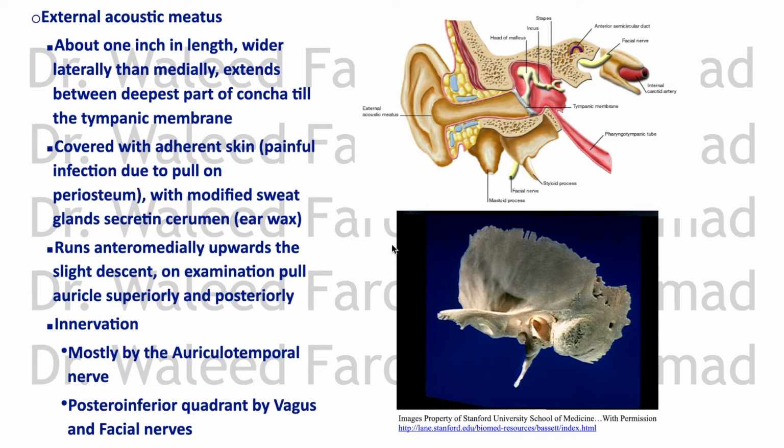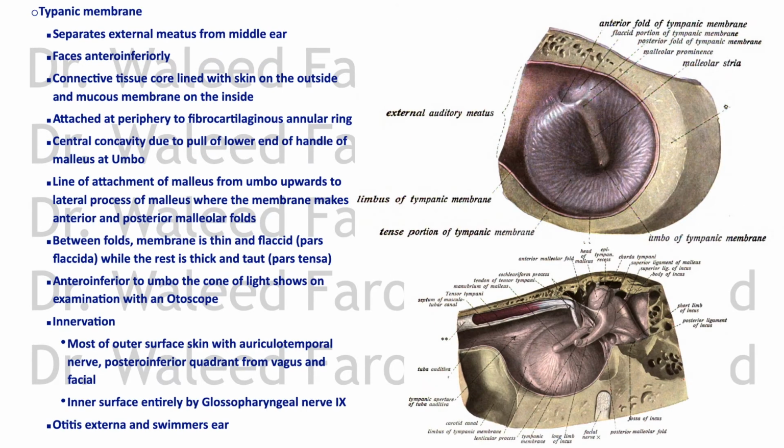Don't forget that. Okay, the tympanic membrane is a double membrane. Actually, it's lined by thin skin from the outside and by a mucous membrane from the inside. It has a double embryology, and it separates the external ear from the middle ear, because it's the limit for the medial wall of the external acoustic meatus.